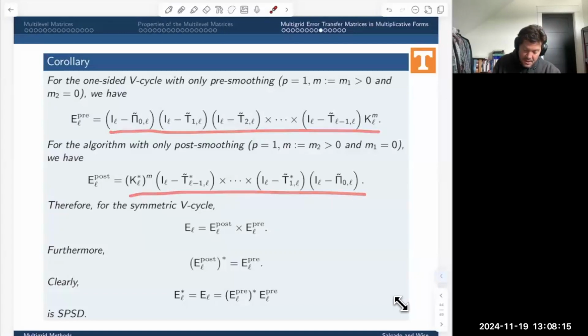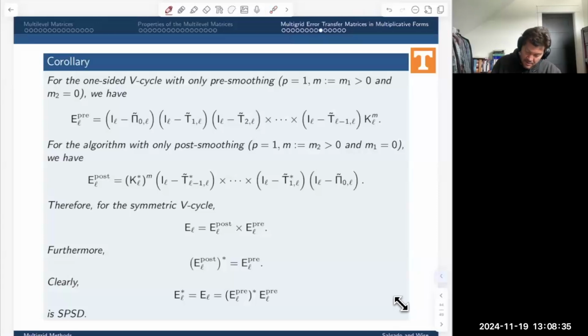It's not too hard to see that each one of these has a correspondent, if the M's are truly the same, which is just its adjoint with respect to the AL inner product. That's what star means. Star means adjoint with respect to the AL inner product, at least in this case.